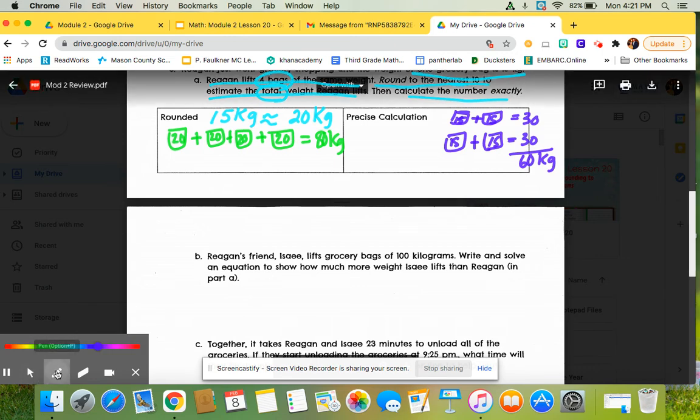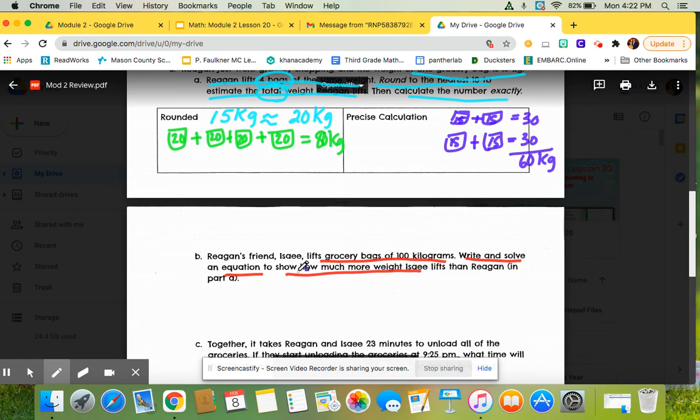So we're going to come down here and let's take a look at this equation. Her friend lifts 100 kilograms. We're going to write and solve an equation to show how much more weight Izzy lifts than Reagan.